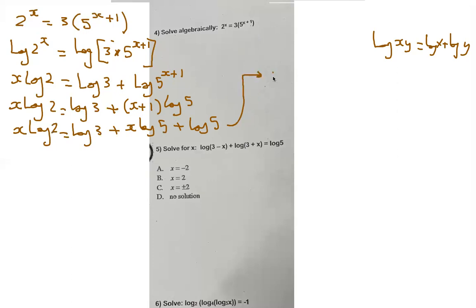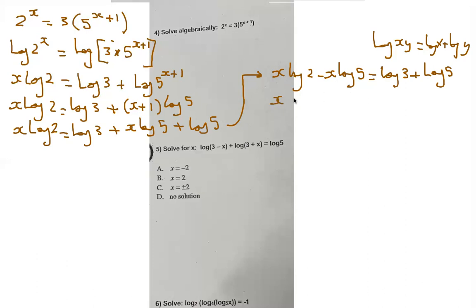Now I'm just going to take it here. So we have x log 2 minus x log 5 equals log 3 plus log 5. Now we could take out the greatest common factor, which is x, from here because both terms have x in them.